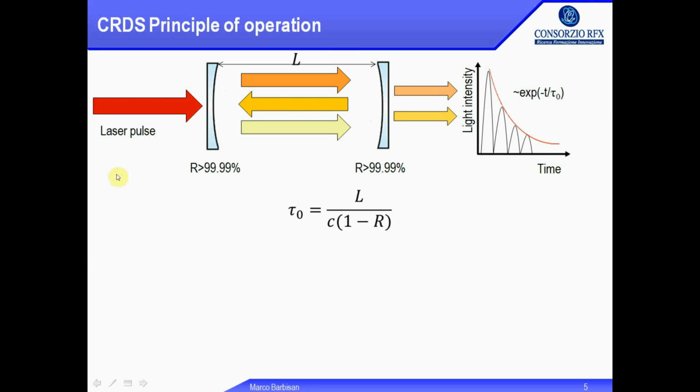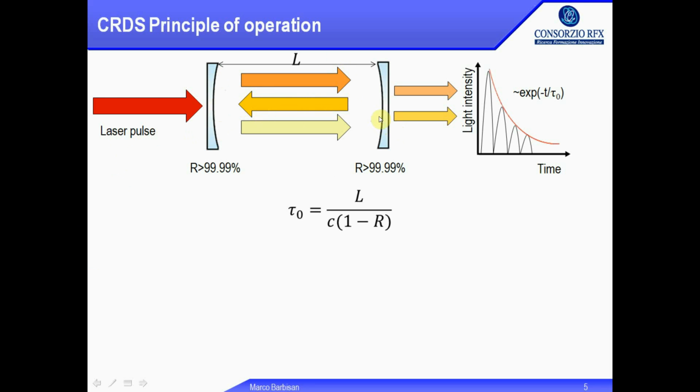How the CRDS works. A laser pulse is sent to the back of a high reflectivity cavity mirror, and a small fraction of it passes. This laser beam is trapped inside an optical cavity, which is made by the first mirror and the second one.